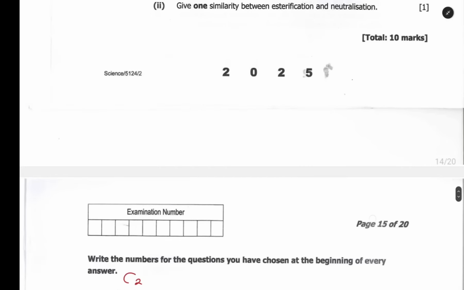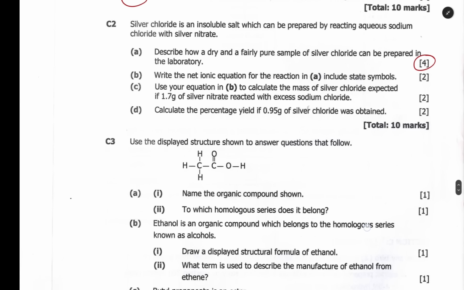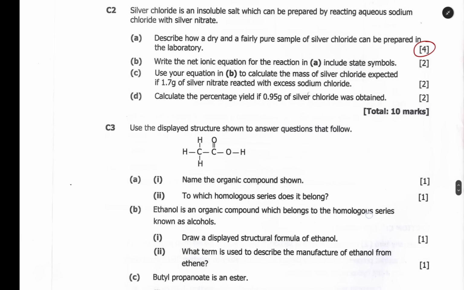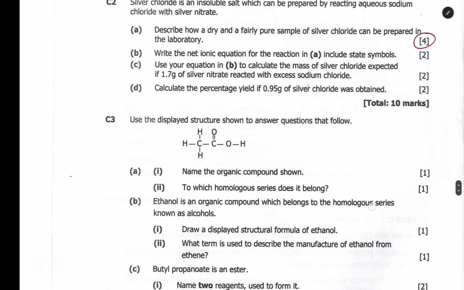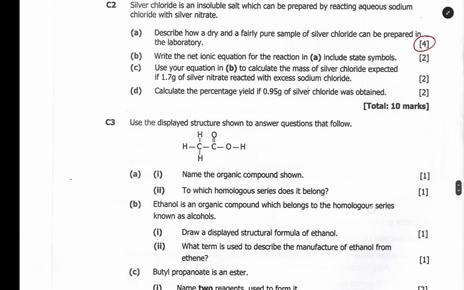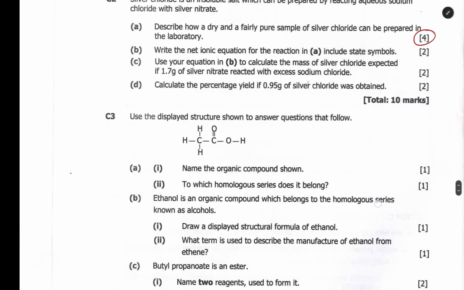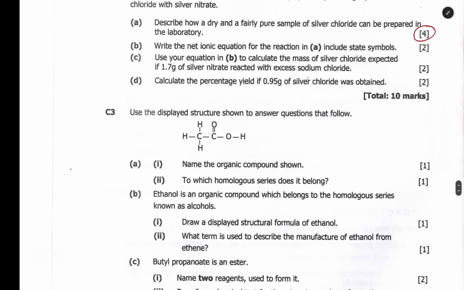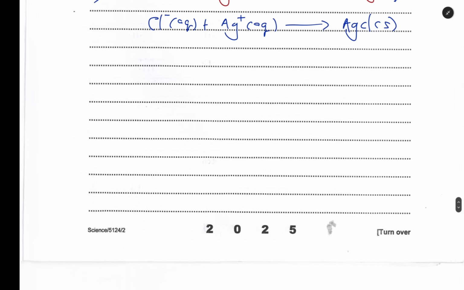We are going to question C of C2 now. Use your equation in B to calculate the mass of silver chloride expected if 1.7 gram of silver nitrate was reacted with excess sodium chloride. Expected means we are calculating the theoretical yield.